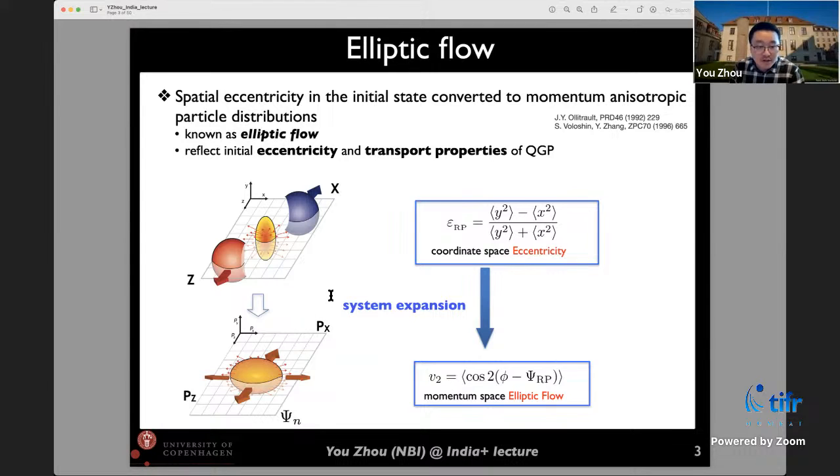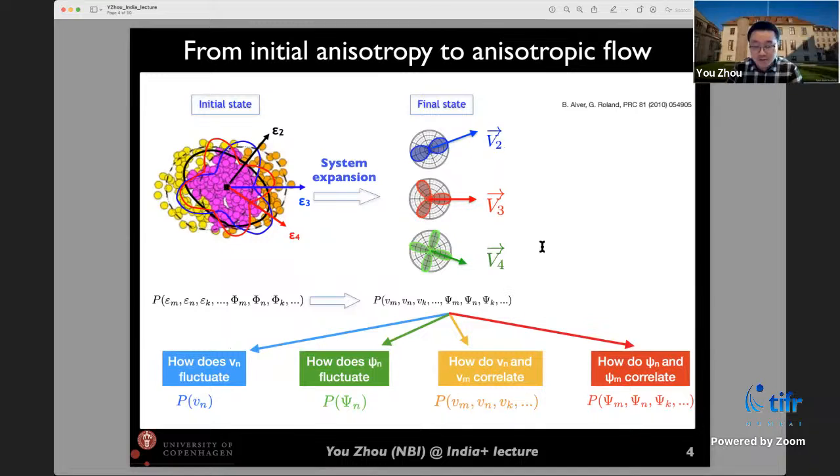What we know is that the size of elliptic flow reflects the initial eccentricity, which is defined here, and also reflects the transport properties of the quark-gluon plasma. This is the simple picture which was established back in 1992. However, the reality is more complicated due to the event-by-event nucleon distribution inside the nuclei.